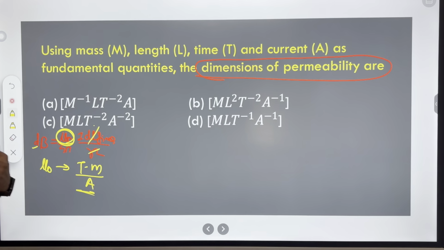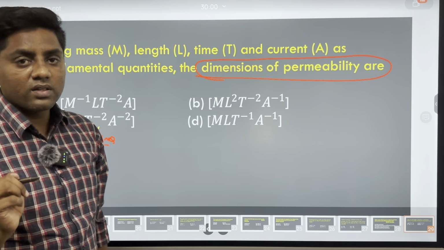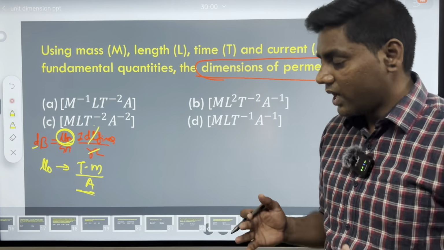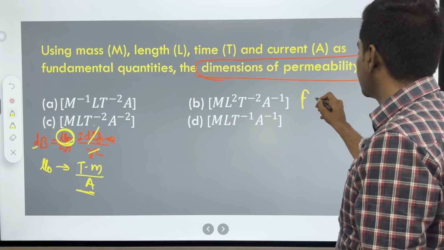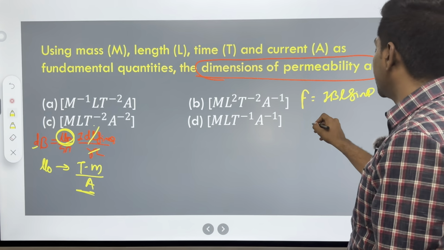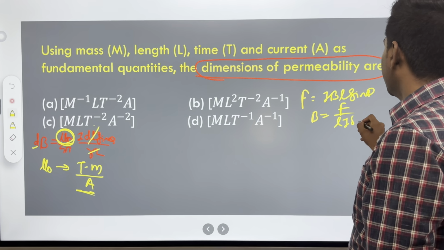According to that, we have to calculate the dimension formula, but we require the dimension formula of B, the magnetic field. How do we calculate it? As we know, force equal to I B L sine of theta. So B equal to force divided by length into I into sine theta.